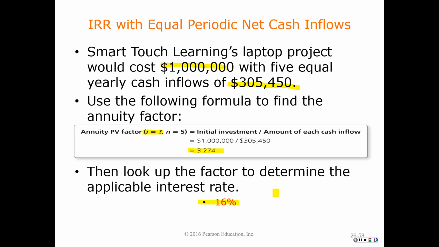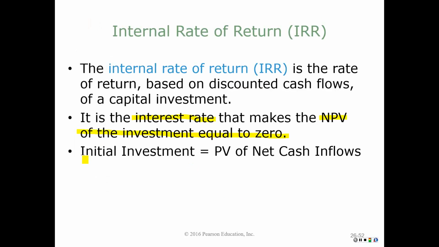But what I want you to know from this information is we are trying to discern the internal rate of return that would cause your initial investment of 1 million to equal the present value of your cash inflows at 1 million. Okay?